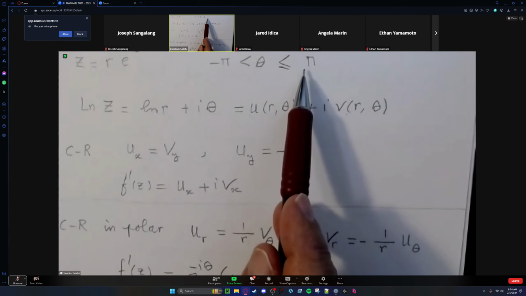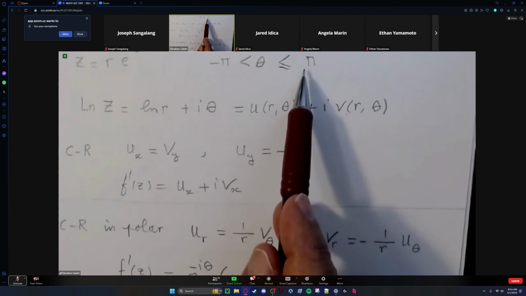Suppose this point is on the negative direction of the x-axis right here. You can approach this point from two different directions. You can approach here by staying in the second quadrant.